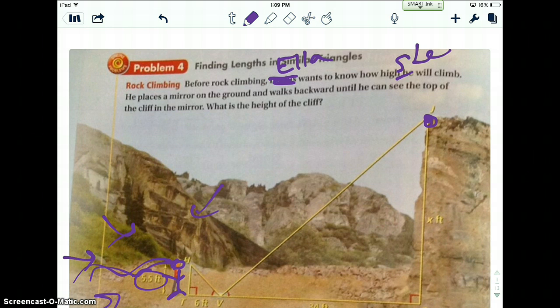Anyway, she decides she's going to do it anyway, but she's going to do some math first. She places a mirror on the ground right there and walks backward. She's using her similar triangle skills to see if she can figure out how high she's going to climb. She walks backward until she can see the top of the cliff in the mirror.